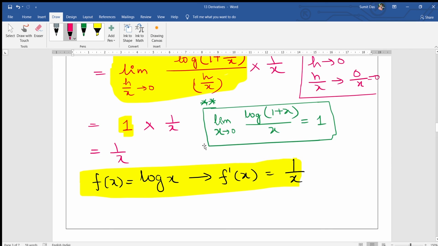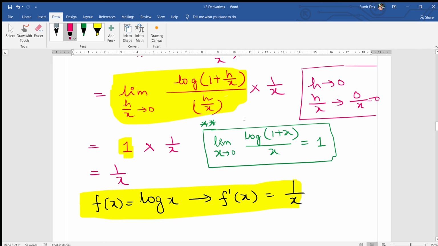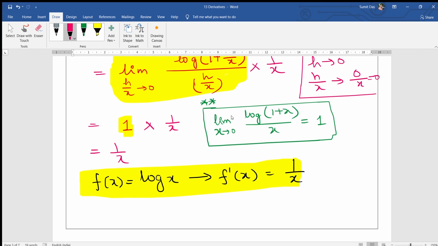No, here we don't need to put the value. It is a structure of the formula. Here we will not put h by x equal to 0 because it is giving you this formula. If you remember, last time we did it for sine, limit x tends to 0 of sin x by x. We know this formula's value is 1.